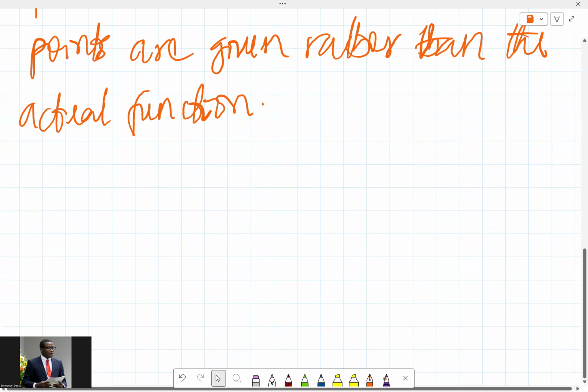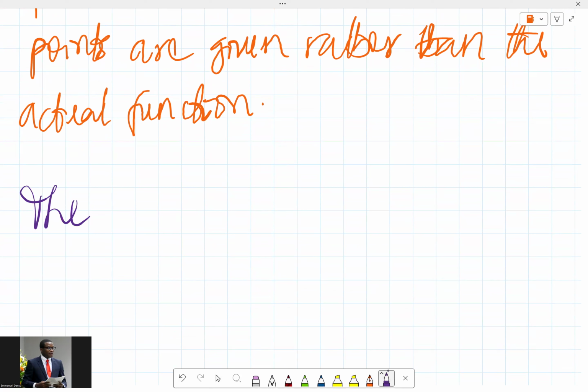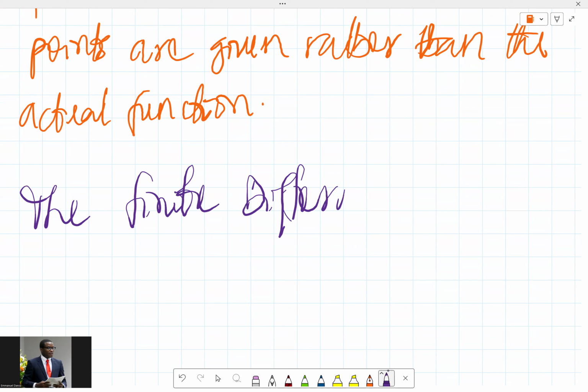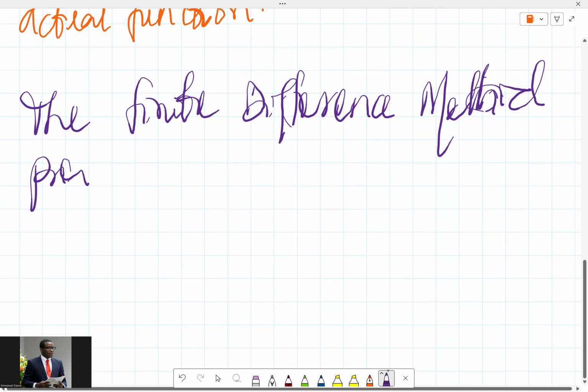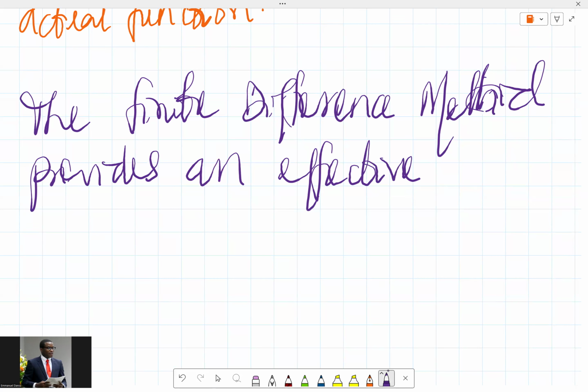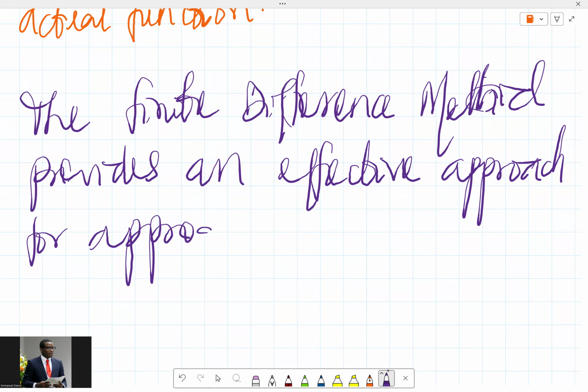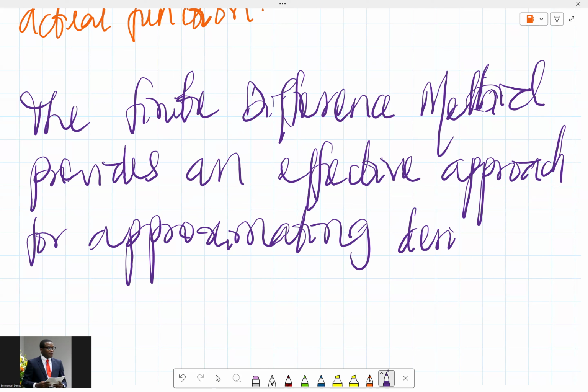So the finite difference method provides an effective approach for approximating derivatives.